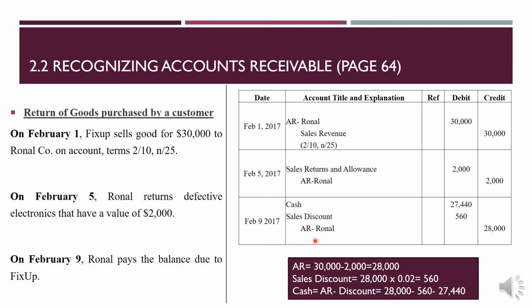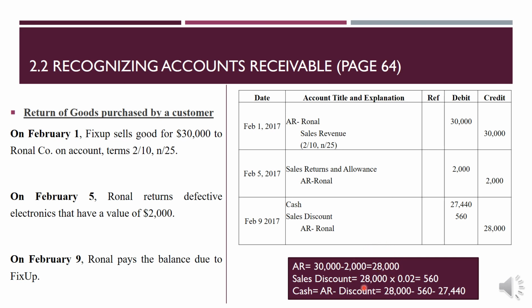but here we need to pay attention that the accounts receivable of Ronald is no longer $30,000. Why? Because he returned products worth $2,000. So actually he needs to pay the company, and accounts receivable will be $28,000. 28, it's the $30,000 minus the $2,000. So the discount will be on the $28,000 and not on the $30,000.